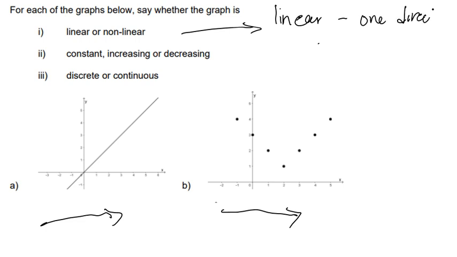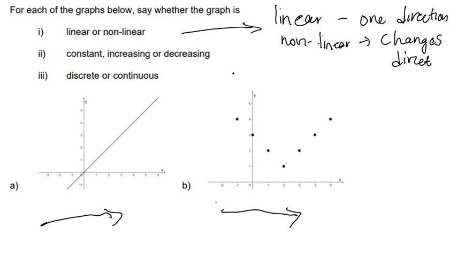It doesn't change direction. Then the non-linear changes direction. So linear means straight, it doesn't change, it has one direction. Non-linear means it changes direction. That is what you must keep in mind.